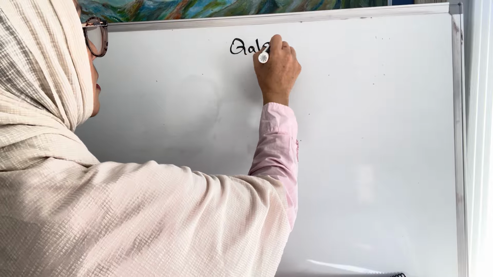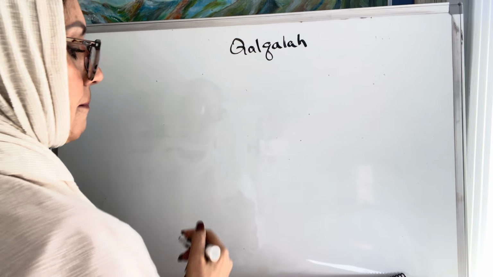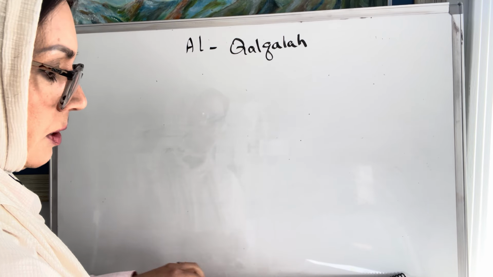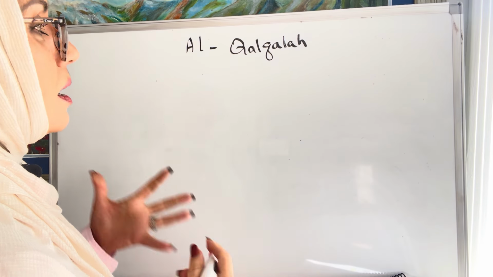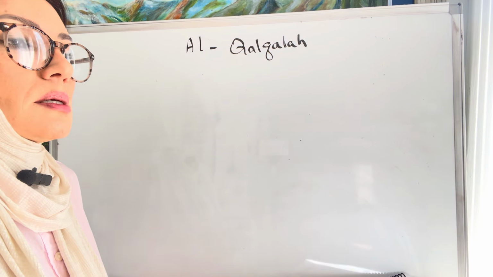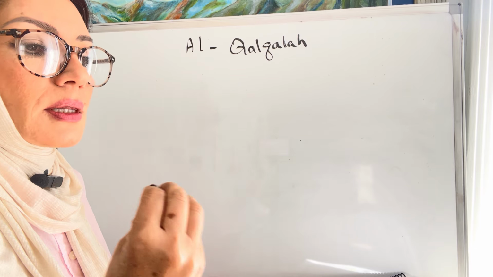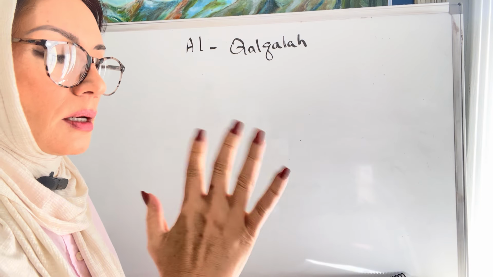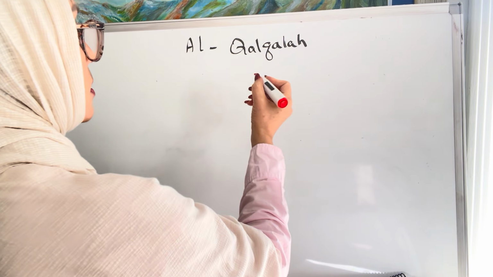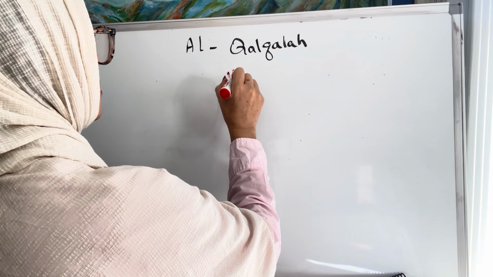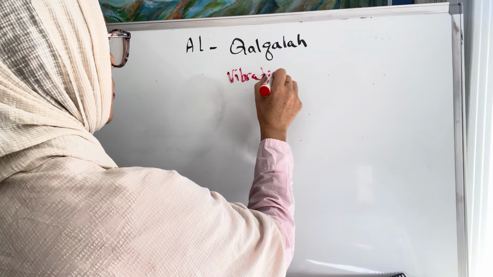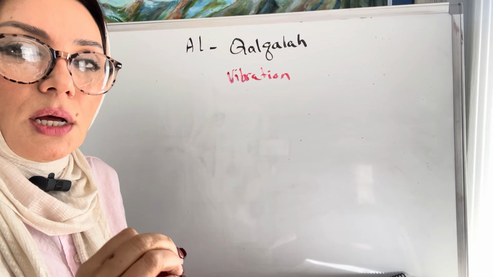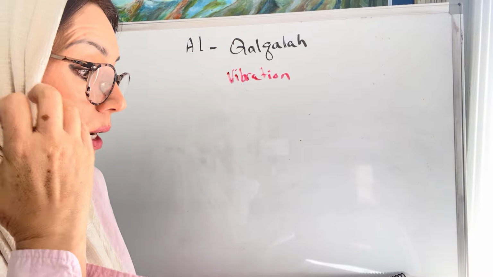Qalqala means something that has a jerking sound, something that kind of moves like this, a vibration. So that would be in the sound when you're pronouncing certain letters.